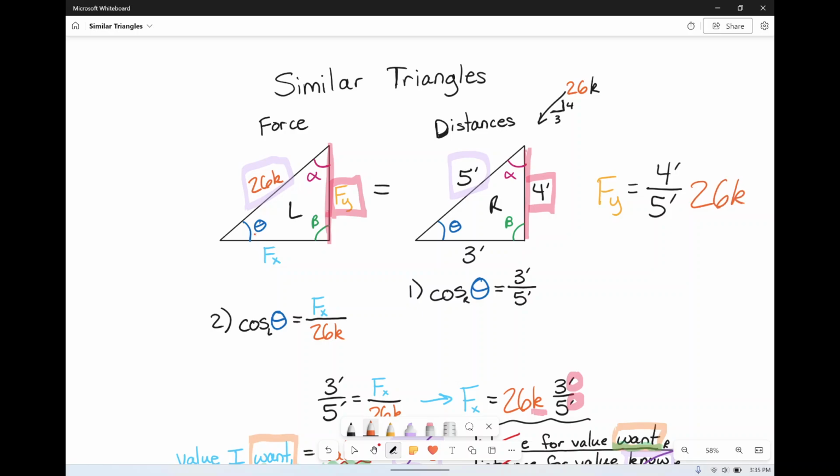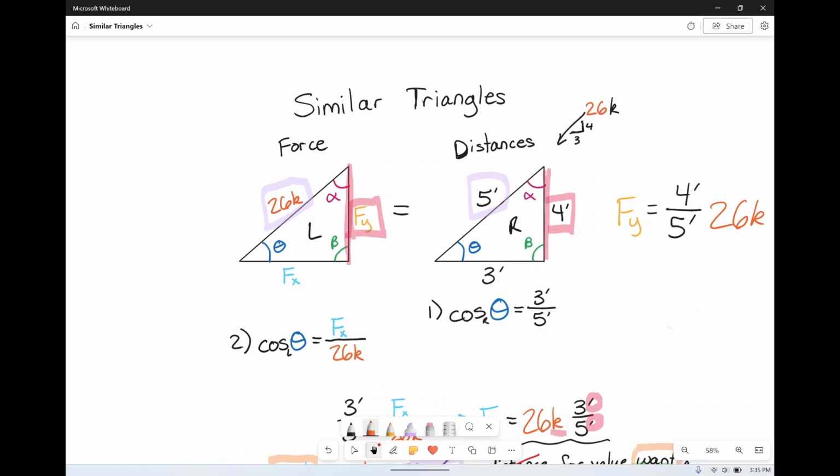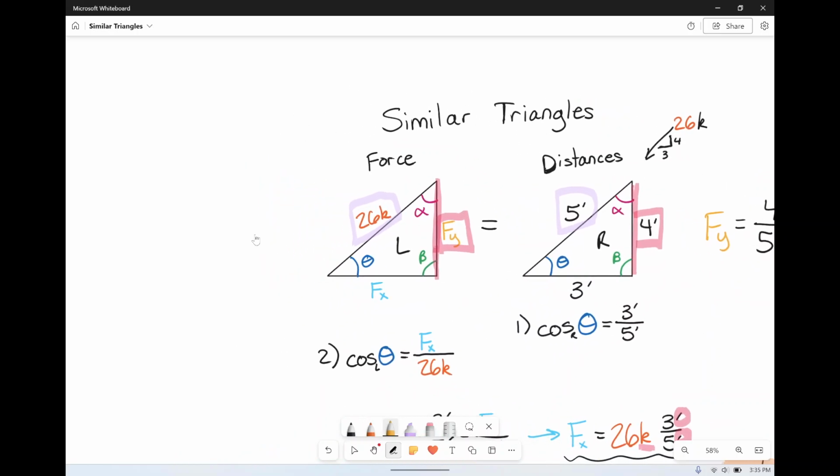If you don't want to readily look at that, let's write it out then as similar triangles, right? We got Fy is to 26 kips as the vertical, which we said was 4 feet, is to 5. The 26 is a hypotenuse, so this is the hypotenuse. There we go.